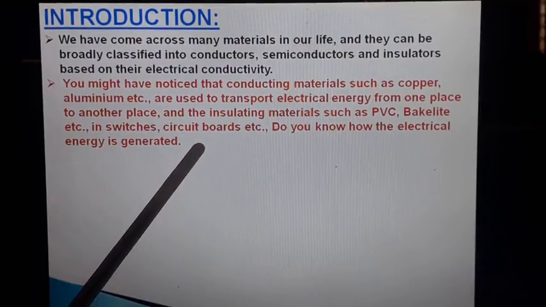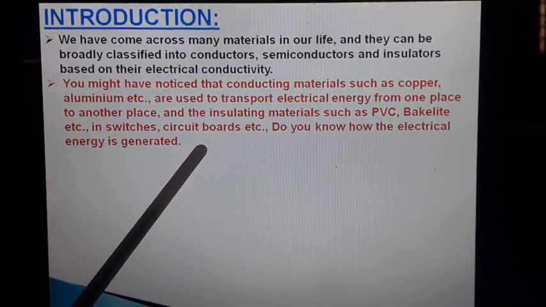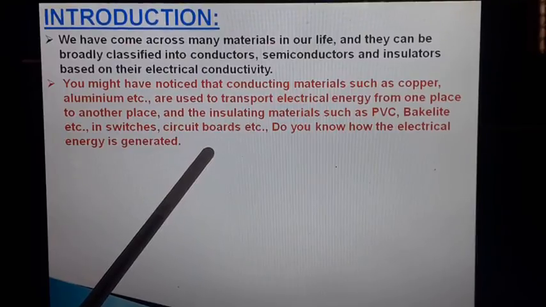So what is the purpose of these components, and how is electrical energy generated? In this lesson we see how electrical energy is generated.